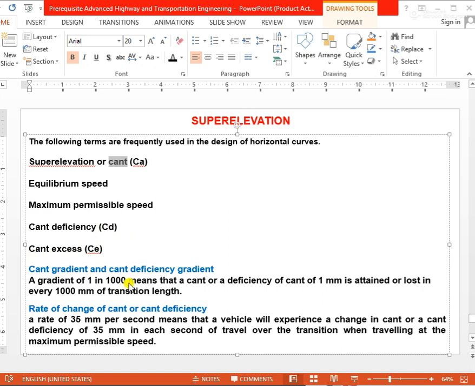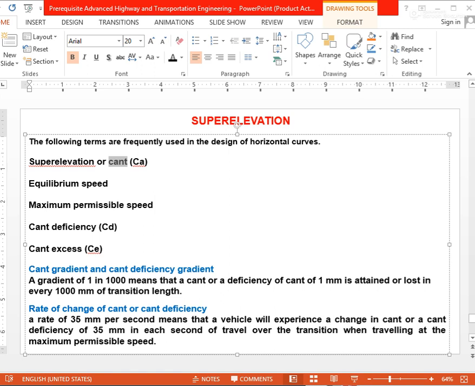Cant gradient and cant deficiency gradient. This indicates the increase or decrease in the cant or the deficiency of cant in a given length of transition.